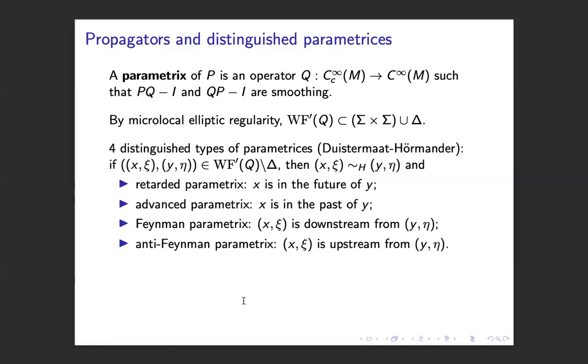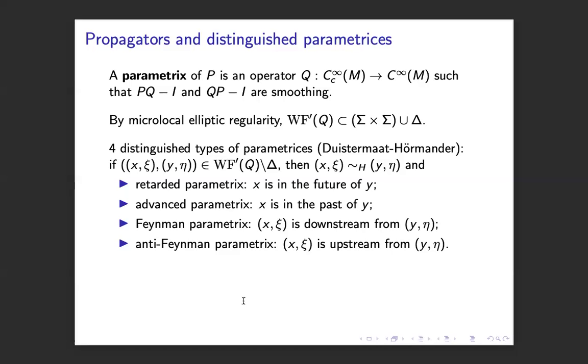This comes up when you study it. We were saying that the propagators are inverses of the wave operator, but we can consider inverses modulo smooth functions. So basically, we act with Q on P of F, and this is going to give us F plus some smooth function, right?